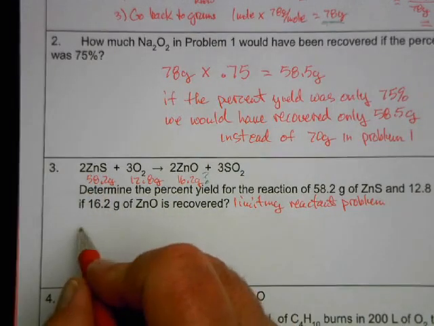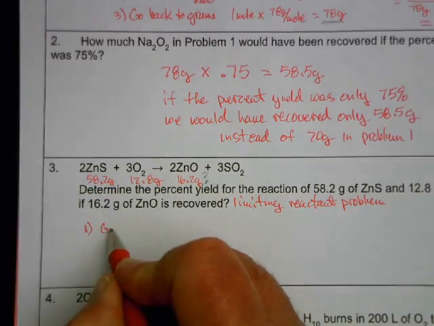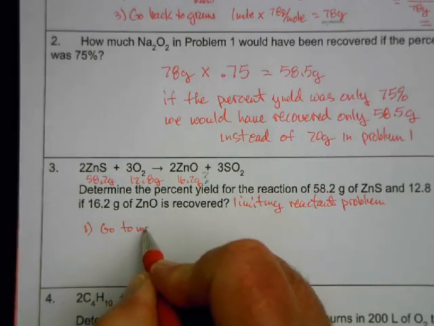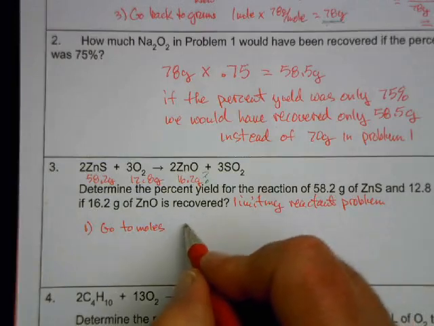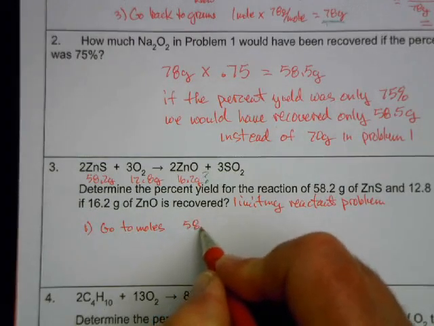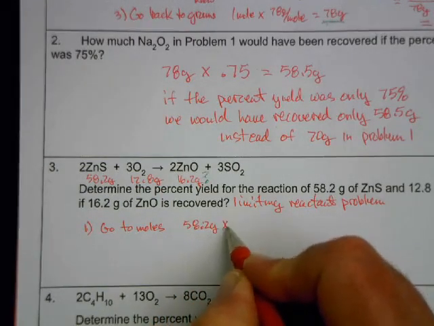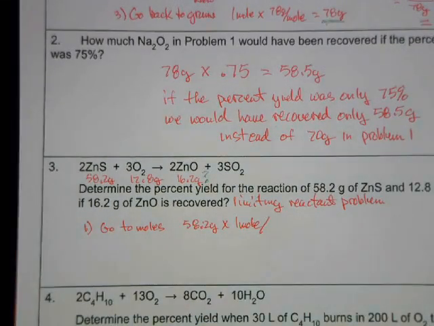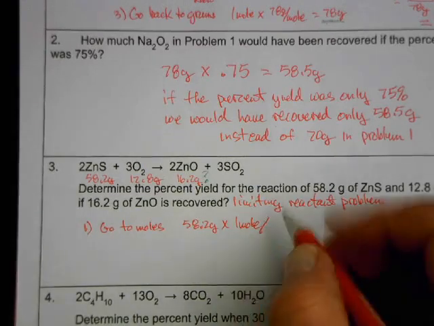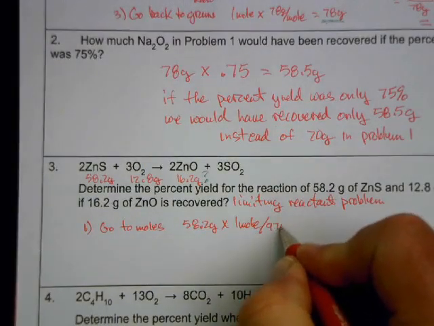So step 1 again is go to moles, but I got to do both of them. So first off, 58.2 grams times 1 mole. Let's see, zinc is 65. The sulfur is 32. So that's basically 97 grams.